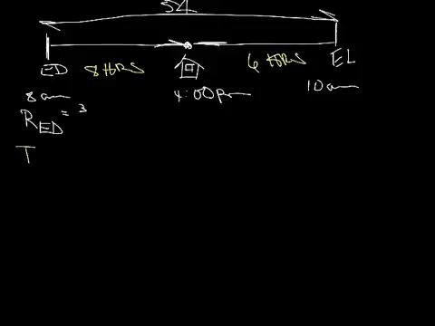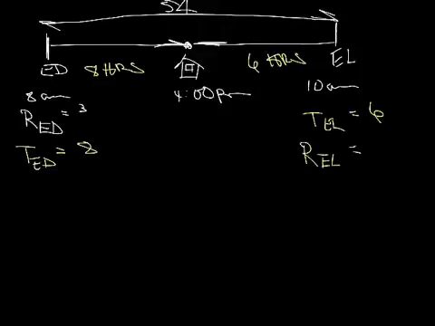So the time of Ed was 8. The time for Eleanor was 6. We know the rate of Ed was 3, but we don't know the rate of Eleanor. That's what we are looking for.